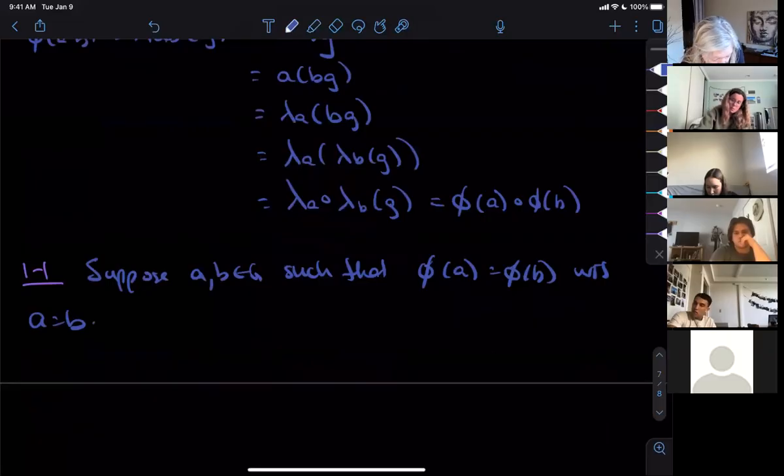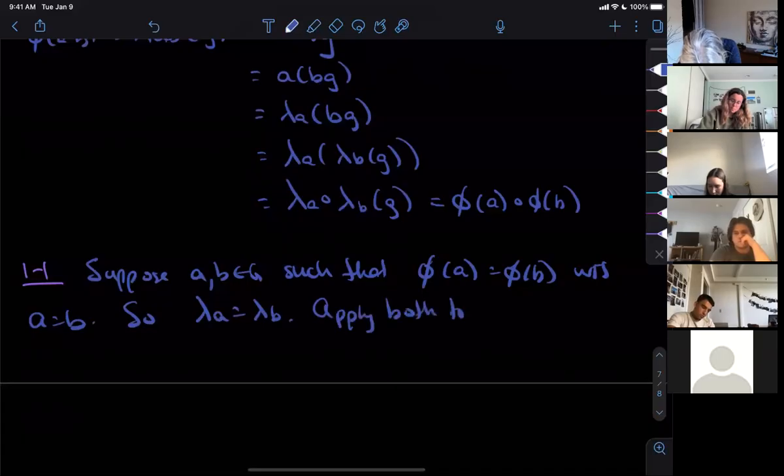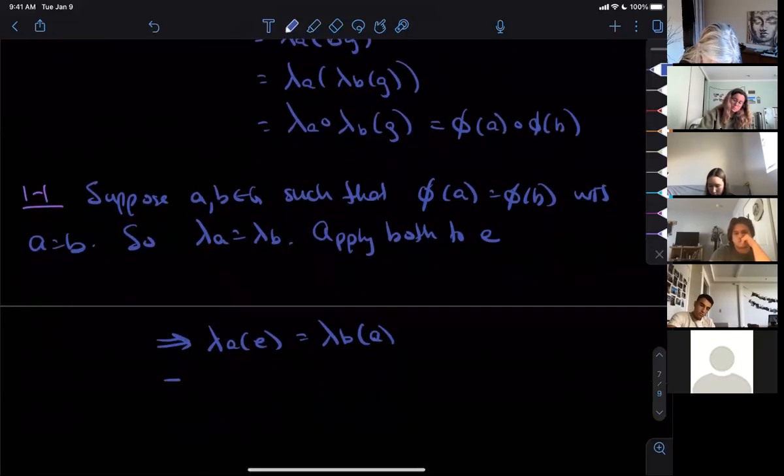Well, phi of A is equal to phi of B, that means those functions are the same. So let's apply them both to the identity. So phi A at E has to be the same thing as lambda A at E has to be the same as lambda B at E. That's just A times E. So A is B.